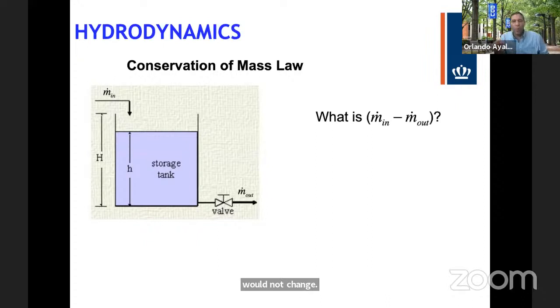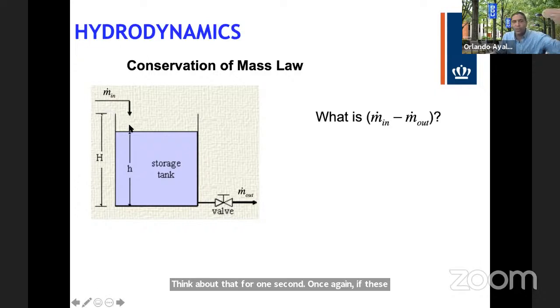Think about that for 1 second. Once again, if the mass getting into the tank is exactly equal to the mass leaving on the other side, this whole thing you see in the drawing should not change, should be stationary. Why? Because of conservation of mass.